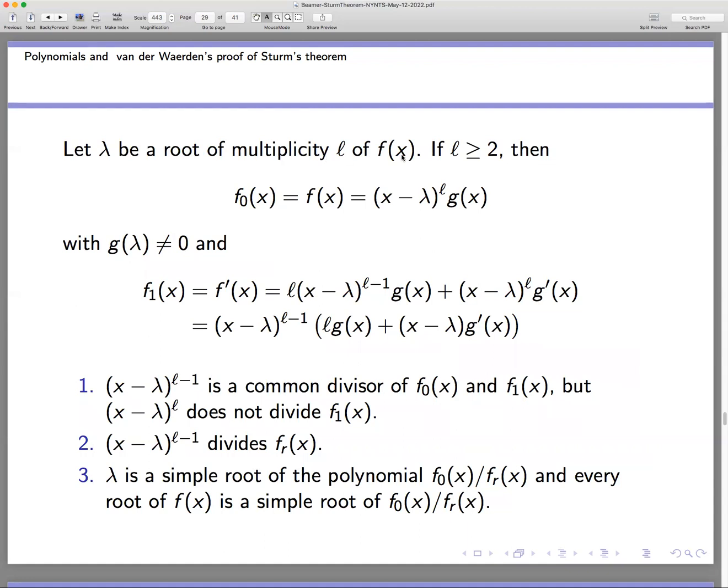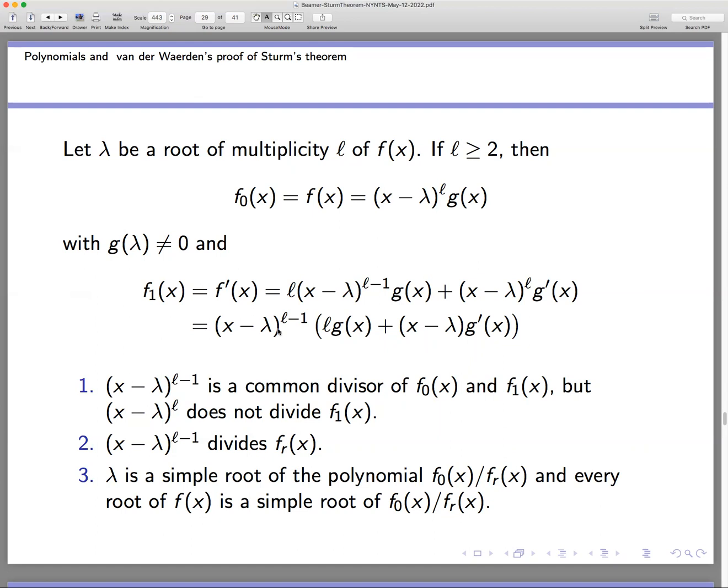Suppose you have your polynomial f of x, and lambda is a root of multiplicity L. Let's say L is at least 2. So you can write f of x, I'm going to call it f naught of x, as (x minus lambda) to the L times some function g of x, where g of lambda isn't 0. And if you differentiate f naught to get f1, this is freshman calculus, maybe.